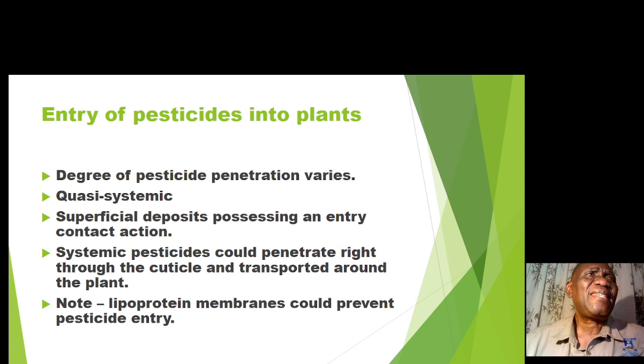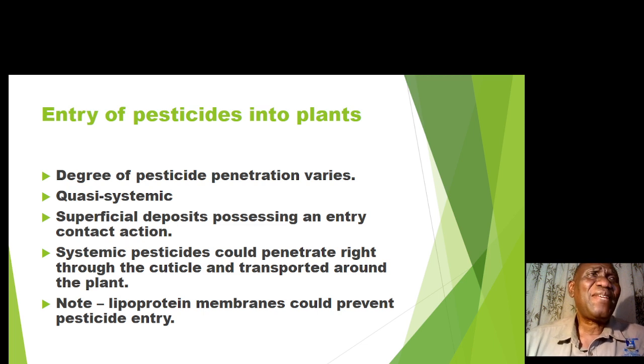So if we look at the entry of pesticides into the plant, the degree of pesticide penetration can vary depending on the plants. Some may not go very far. This could be quasi-systemic. Although they enter the plant, they may not go very far.